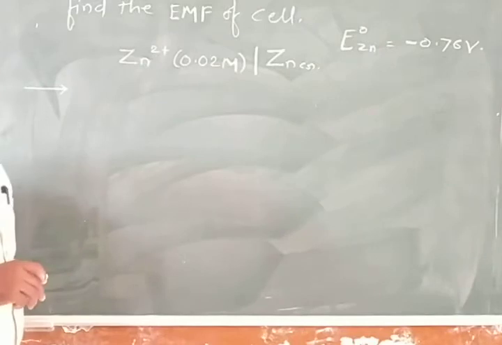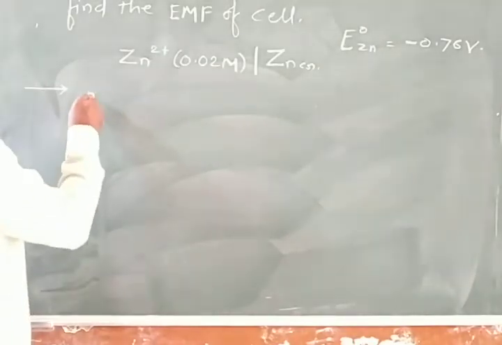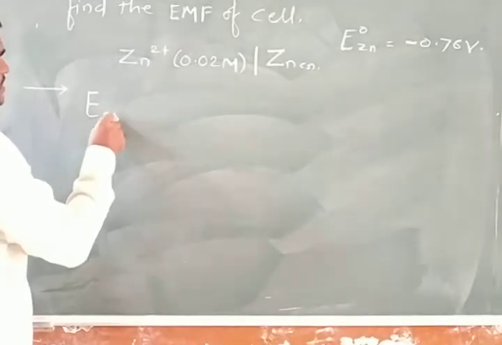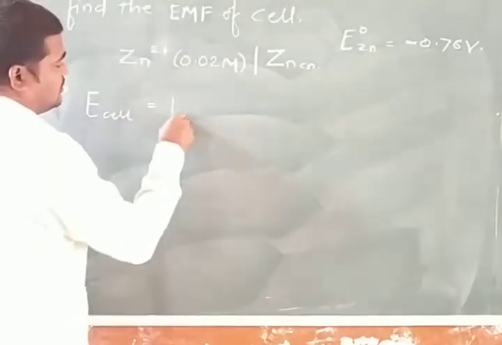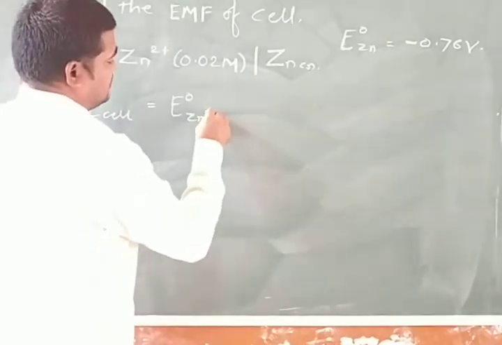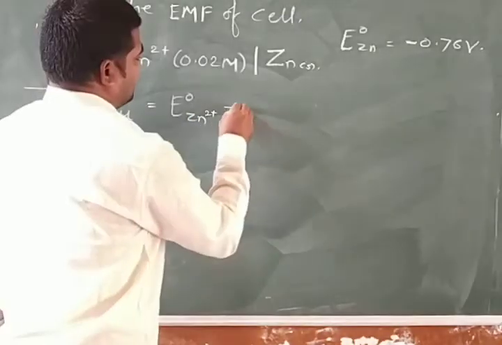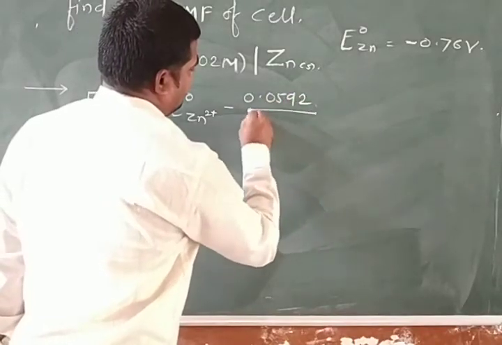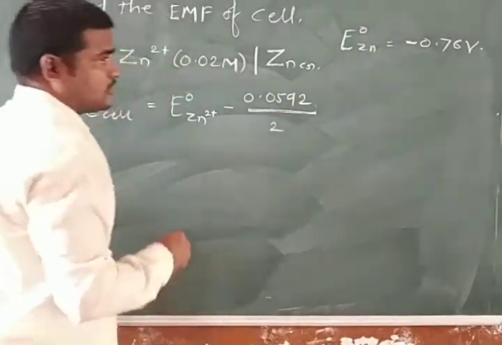According to the Nernst equation, our target is to find out the E cell. E cell is equal to E0 of Zn2 plus minus 0.0592 divided by 2. Why are we using 2 here?